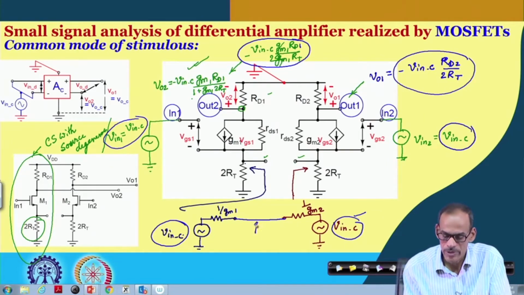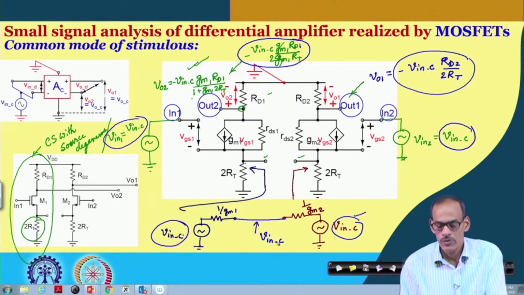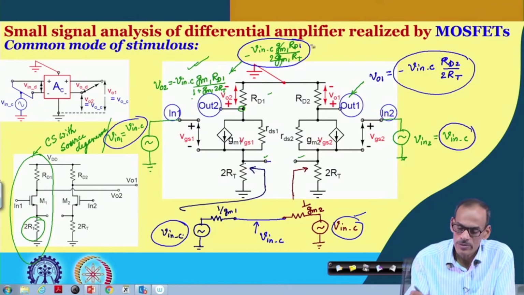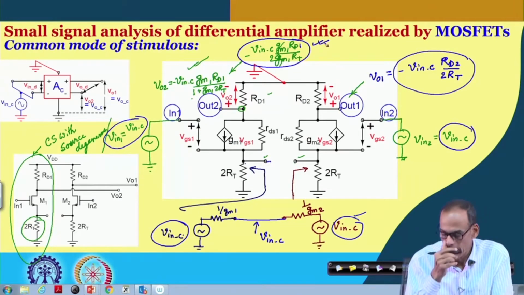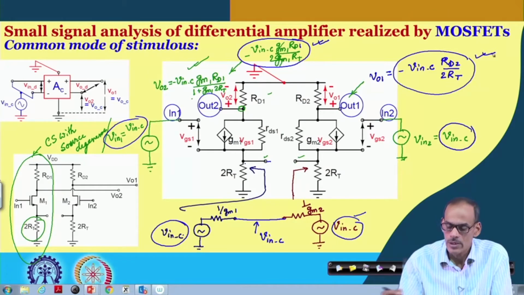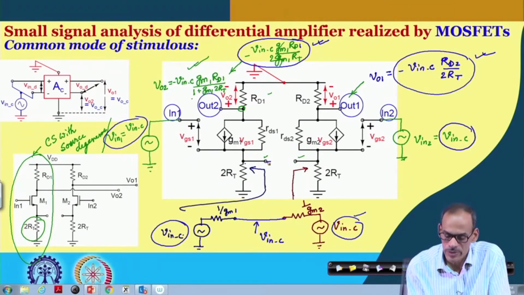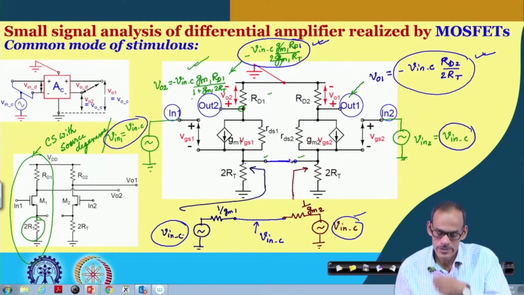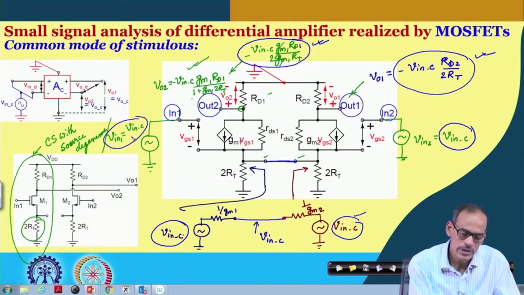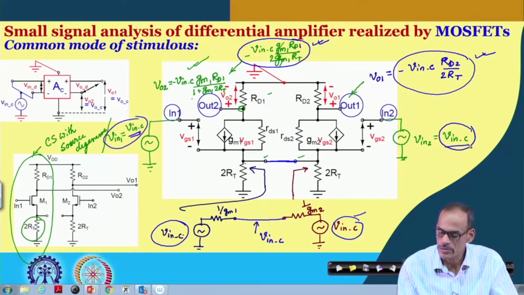So, the signal coming at this point will be V in C. Before we make this connection, whatever signal we have here and here remains the same even if you make this connection, mainly because the applied input signals are identical and in phase.